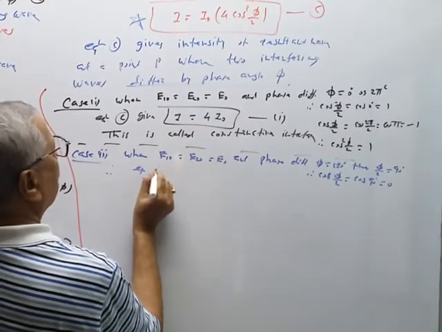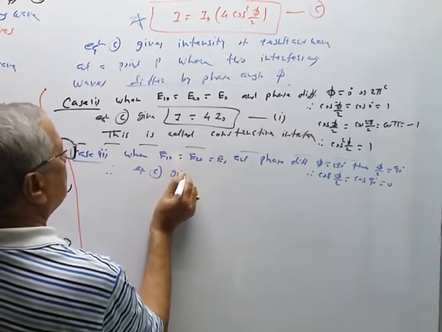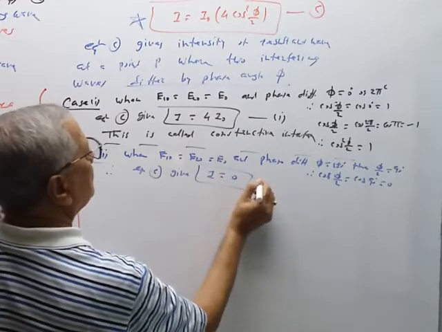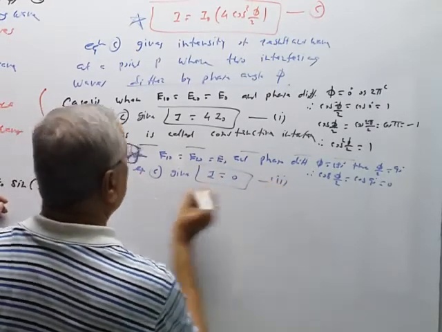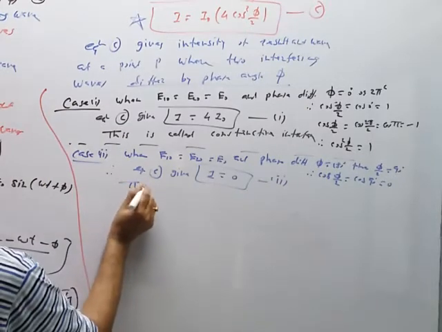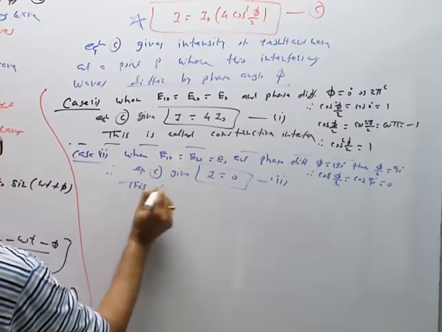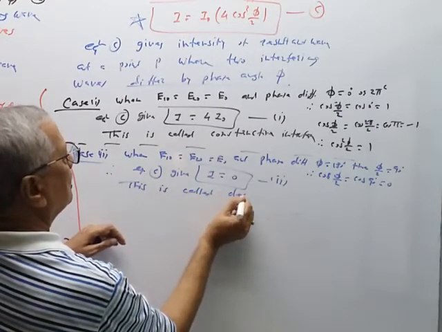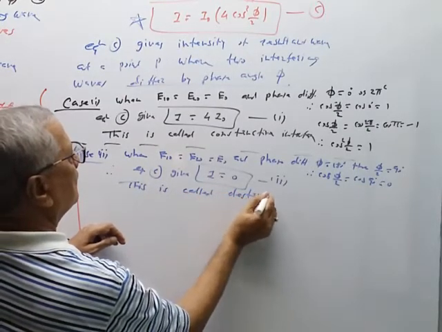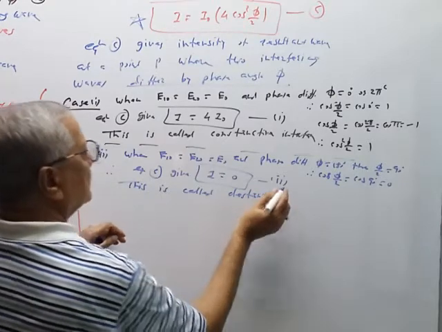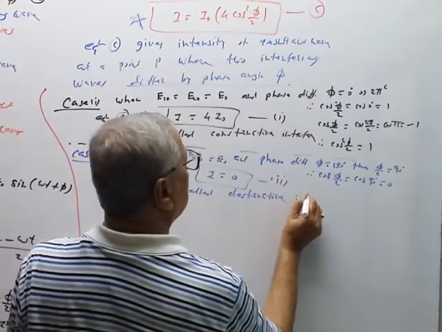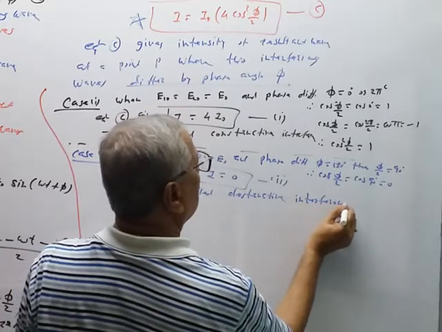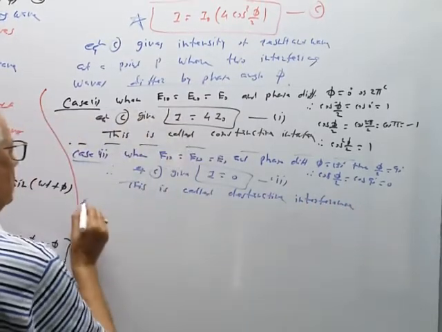Therefore, equation C gives I is equal to 0. This is result 2. This is called destructive interference.